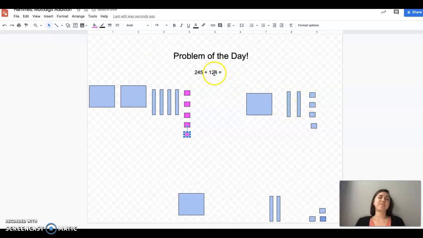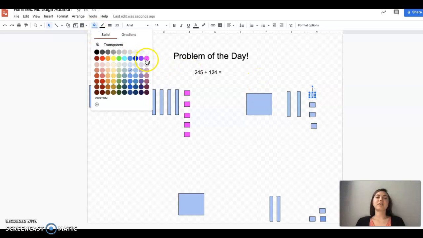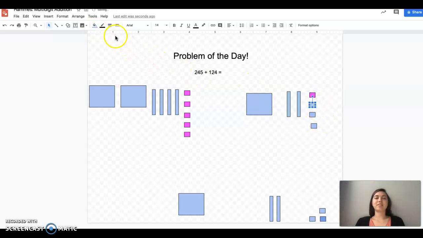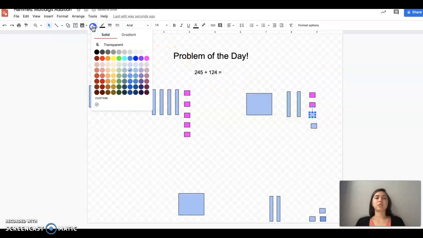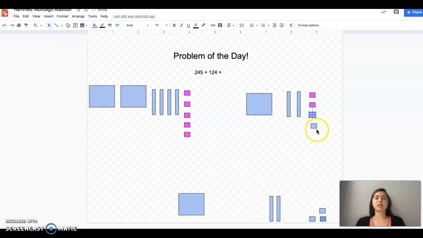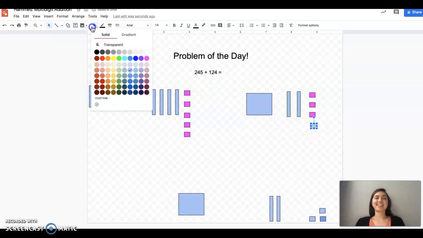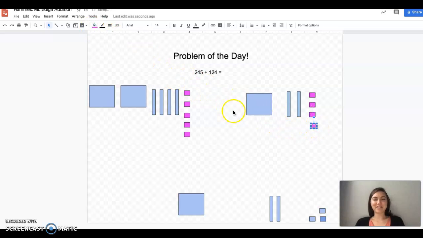How many ones do we have in the number 124? 4 ones. 1, 2, 3, and 4. Perfect. So when we add these two large numbers and we add our ones, we're going to add up the pinks to find our ones value.